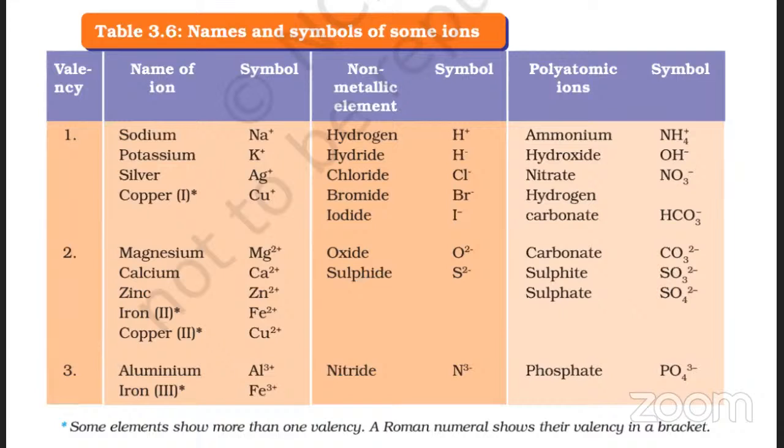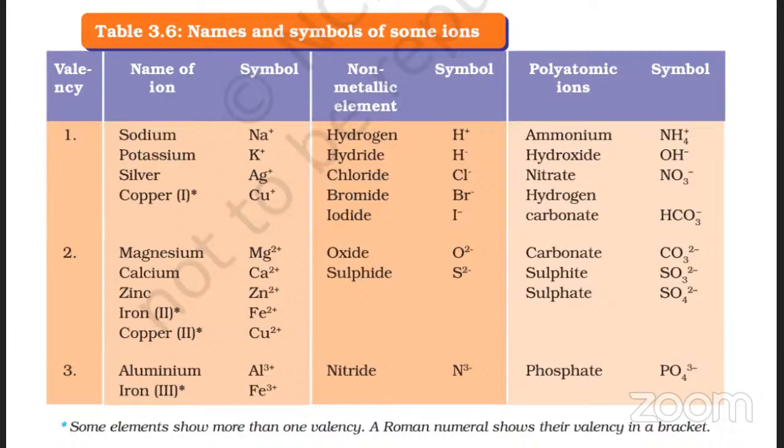So in the bracket, like iron 2, copper 3, those are the variable valencies. You know that some ions possess variable valencies.